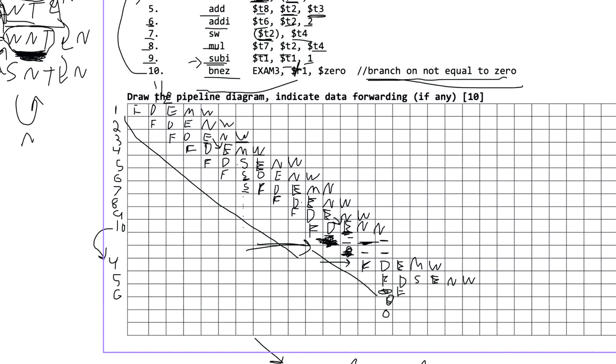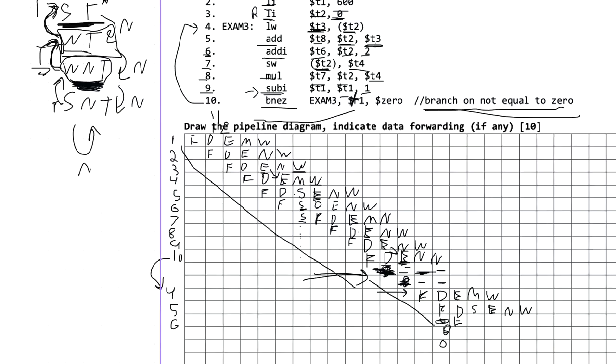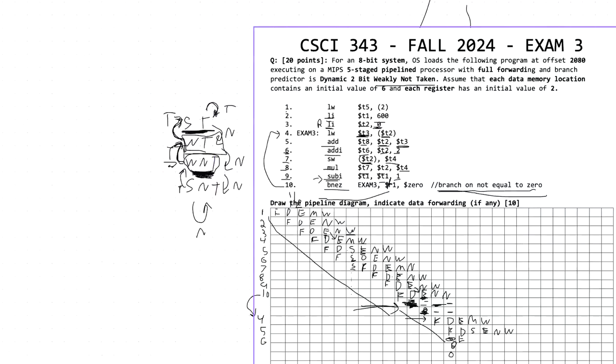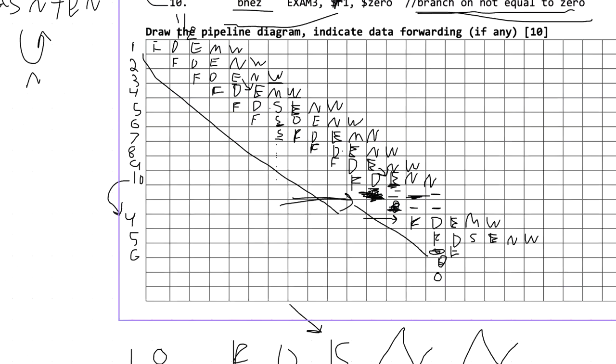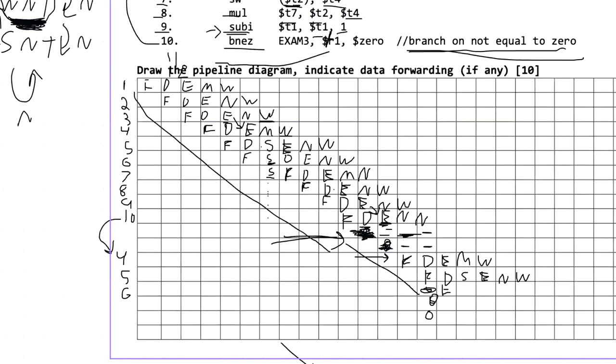Now, this was an incorrect branch prediction. But because it's dynamic, it switches because the outcome was actually taken. Now for the next time I'm going to go through the loop, it would be weakly taken. So we would actually not lose these 2 cycles on the second time we do the loop. And actually, at that point, it would be another taken.